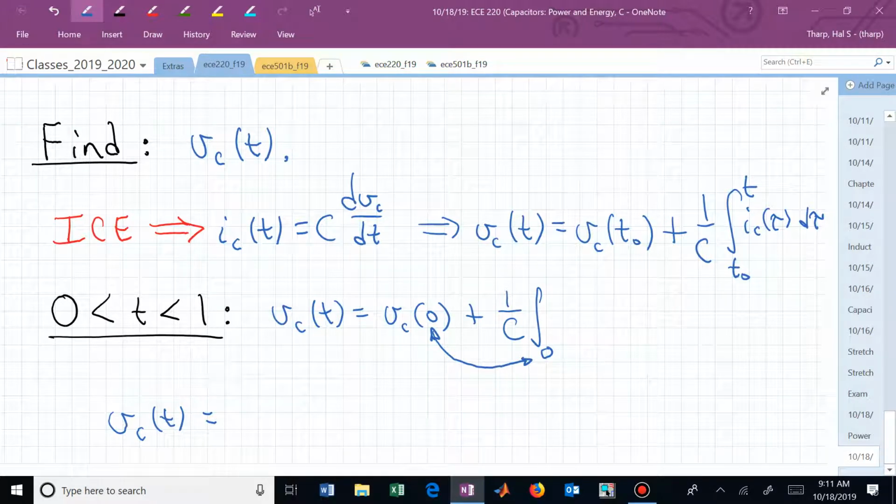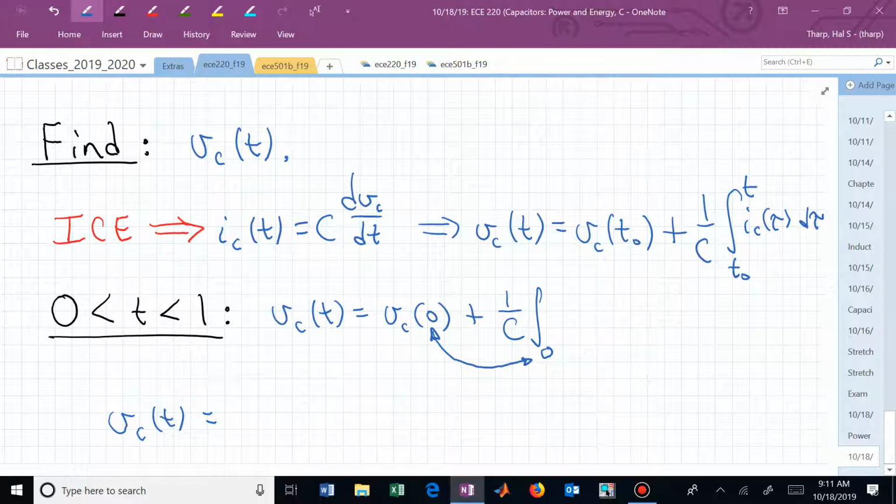So now I'm wanting this functional expression of voltage to be true between 0 and 1, but I want it to be true at each point t in time between 0 and 2. I want to find it. So if I wanted to find the voltage at time 1/4, I would integrate from 0 to 1/4. If I wanted it from 1/2, I would go from 0 to 1/2.